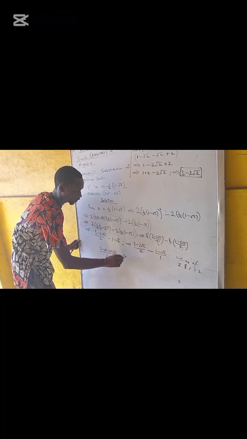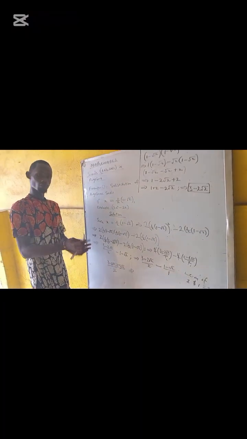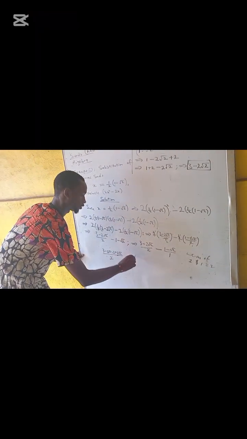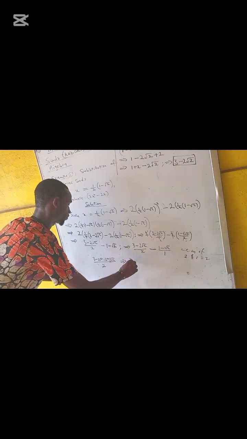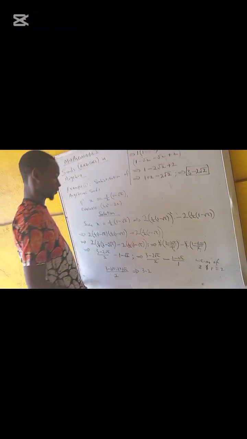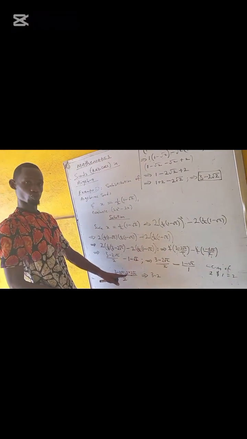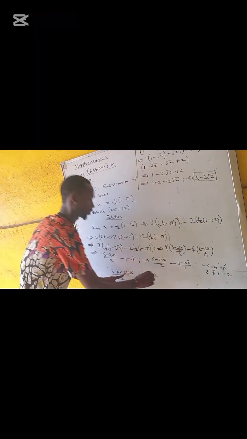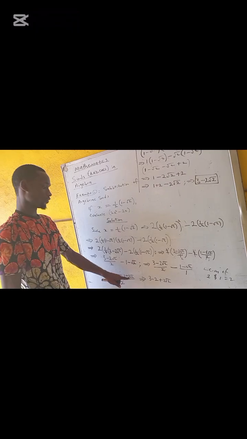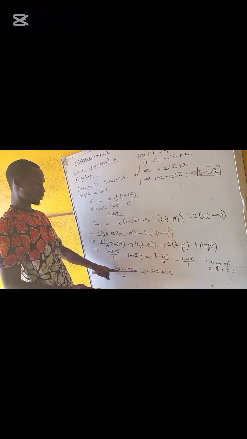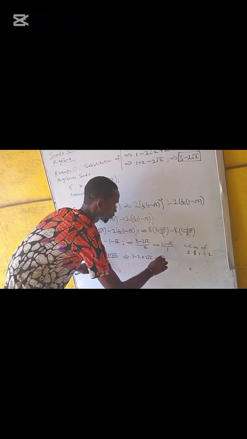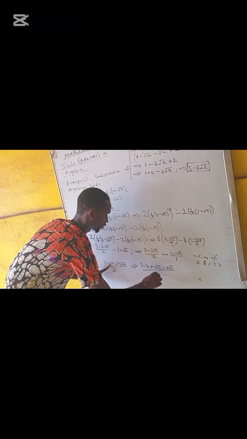So if we arrange the numerators very well, we are having 3 minus 2, plus 2 root 2 minus 2 root 2 all over 2.